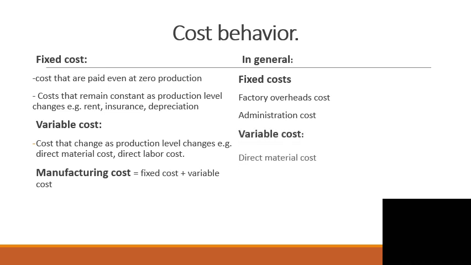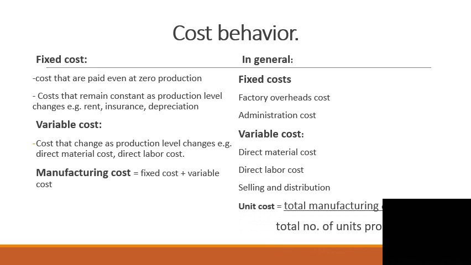Variable costs, on the other hand, are direct material costs, direct labor costs, and selling and distribution. We need to understand, this is very important, the classification of costs: fixed overheads and administration are fixed costs. Direct material, direct labor, and selling and distribution are variable costs.